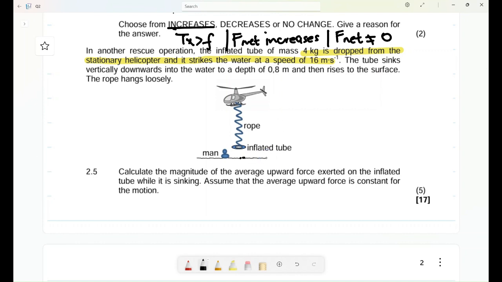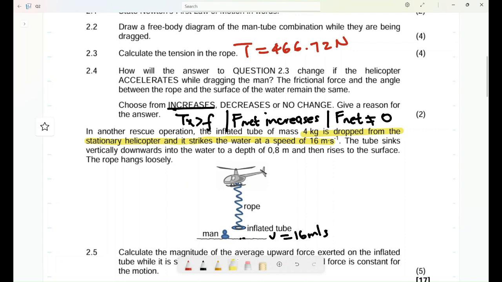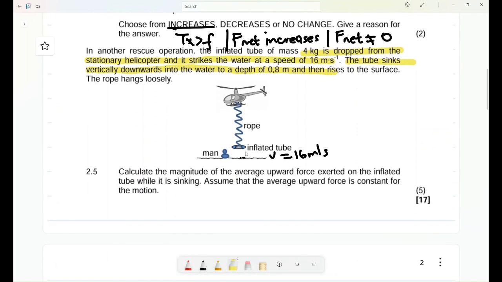The tube sinks vertically downwards into the water to a depth. When it reaches this point with that velocity, it will sink, but after 0.8 meters, the velocity will be 0 meters per second.